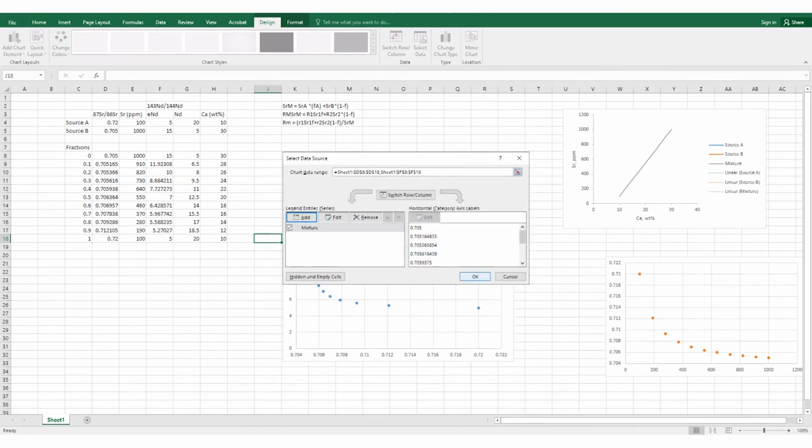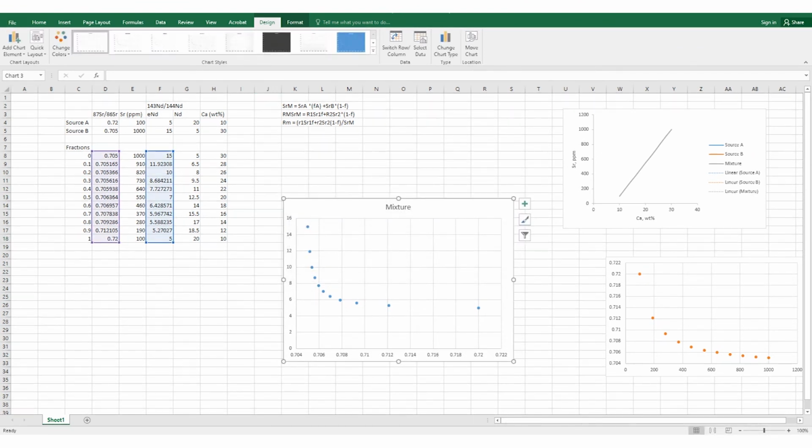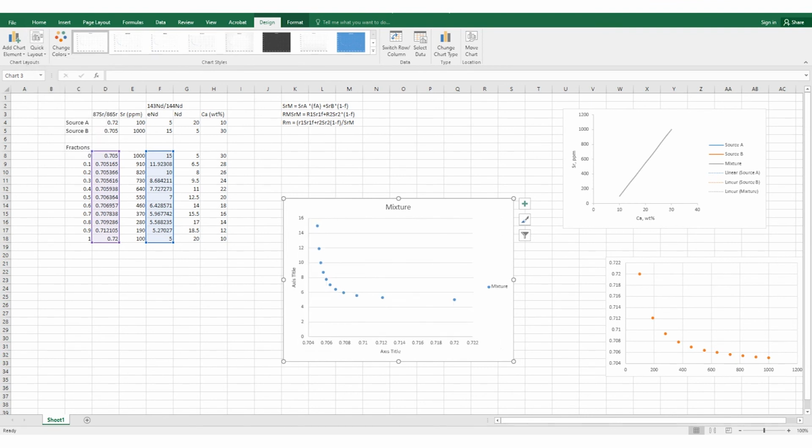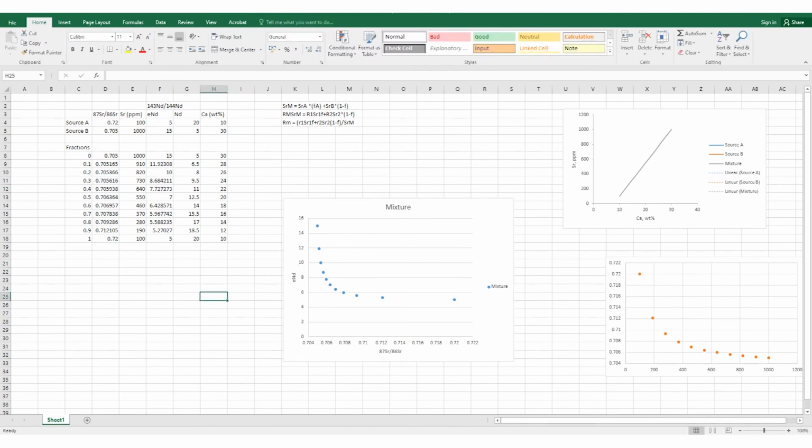They again follow a hyperbolic trend. This is your source B, this is your source A, and the mixing of these two will create the strontium isotopic ratio. So, this is 87 strontium by 86 strontium, and this is epsilon neodymium.